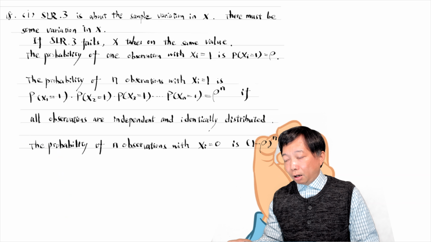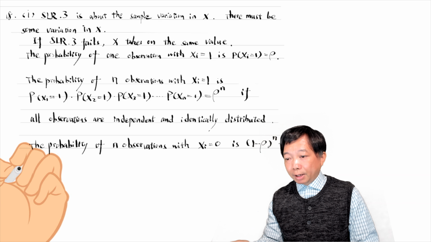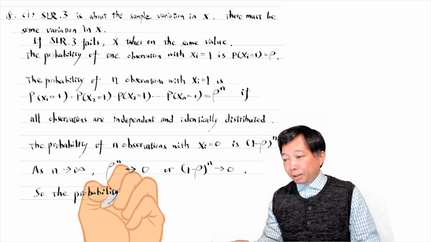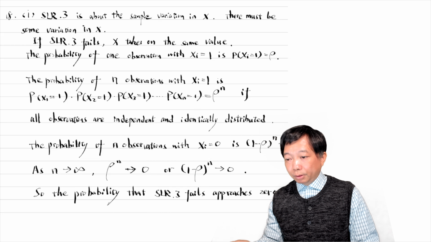The probability of n observations with xi equal to 0 is (1 minus ρ) to the power n. As n approaches infinity, ρ to the power n approaches 0, and (1 minus ρ) to the power n approaches 0. That is to say, the probability that simple linear regression assumption number 3 fails approaches 0.